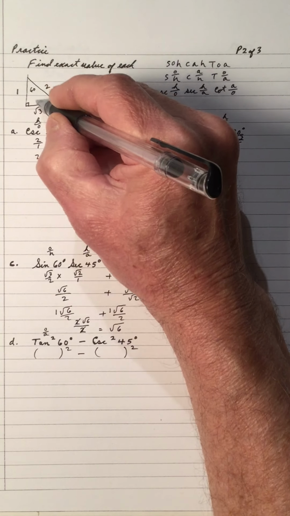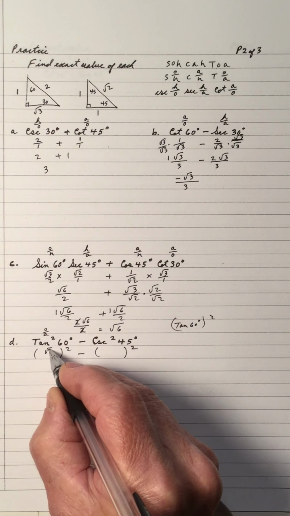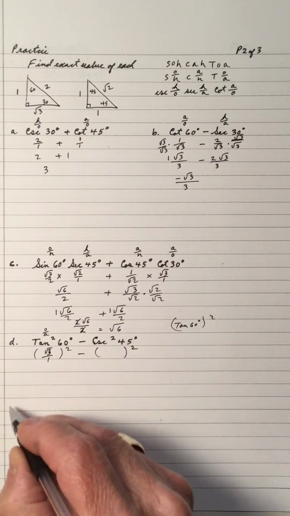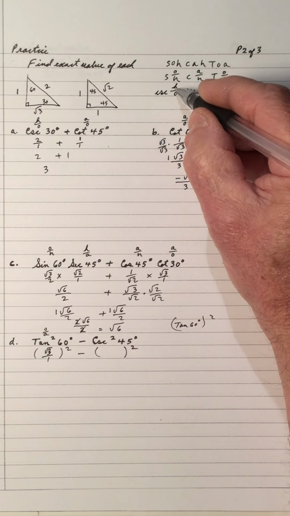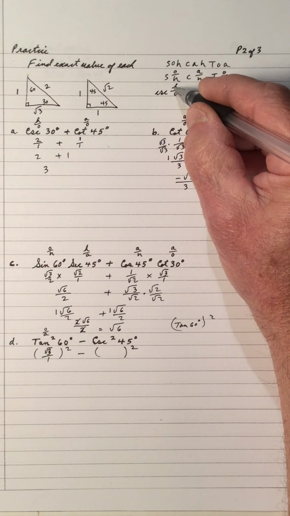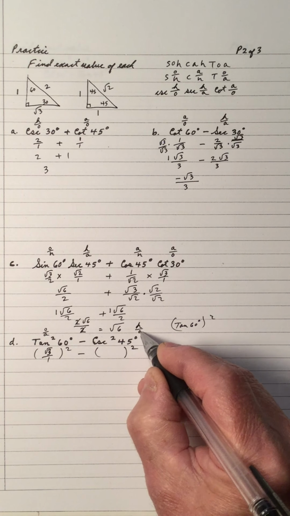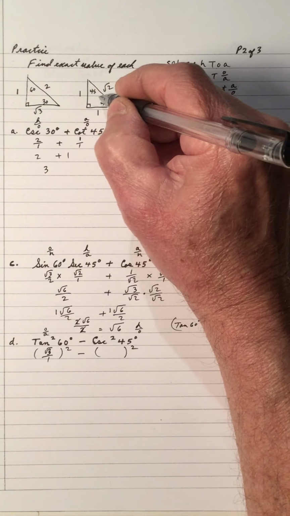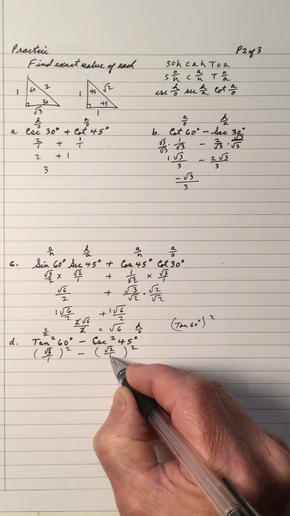For 60, opposite is root 3 over 1. The root of 3 over 1. And for 45, cosecant is hypotenuse over opposite. So for 45, hypotenuse over opposite is root 2 over 1.